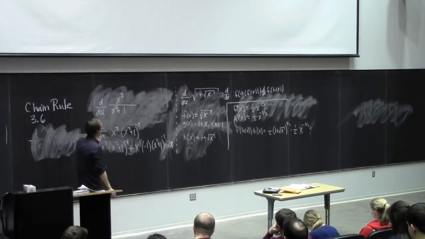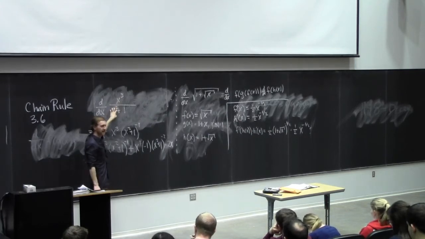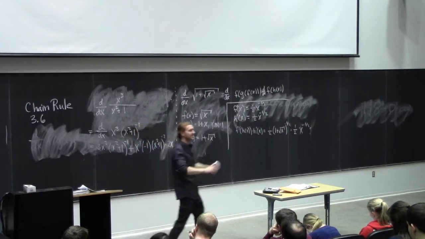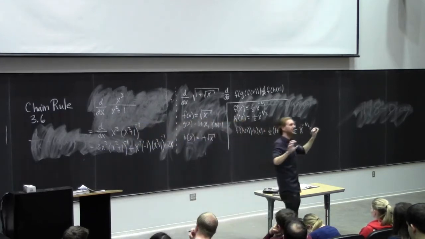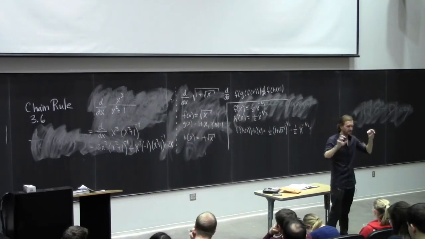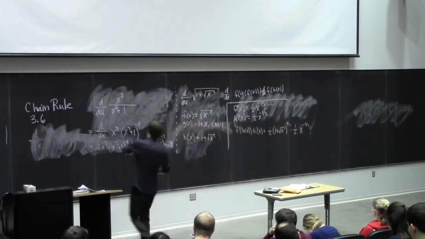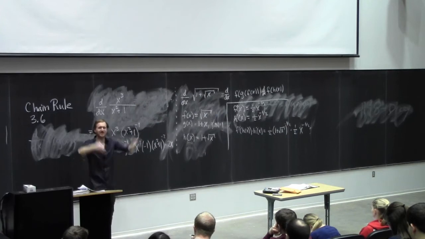And the answer is that I don't see anything I can plug in for x here that's going to make my life easier. Does that make sense at all? OK, good. The cool thing about the quotient rule is that it separates the numerator and the denominator. It really treats them as separate entities. While the chain rule, you have something inside and you have something outside. And that's what makes it kind of complicated.